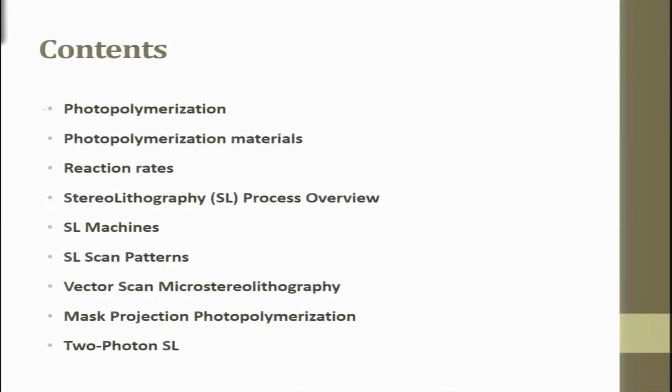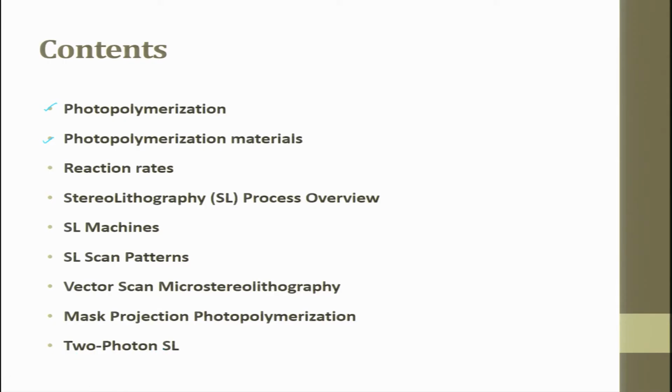So, first we will try to see polymerization, that is photopolymerization, then photopolymerization of materials, then reaction rates, and then we will start looking into various processes: stereolithography, and we will see a machine in stereolithography, then the different scan patterns, vector scanning, then the mask projection photopolymerization process, and at last, 2-photon stereolithography processes.